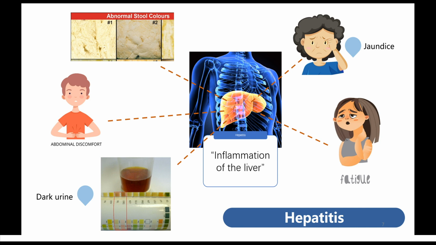Kapag meron kasing liver damage ang ating patient, there will be cholestasis. When there is cholestasis, there is decreased flow of bile into the small intestine. So, kapag decrease ang flow ng bile, there will be decreased concentration of bilirubin that will reach the small intestine.